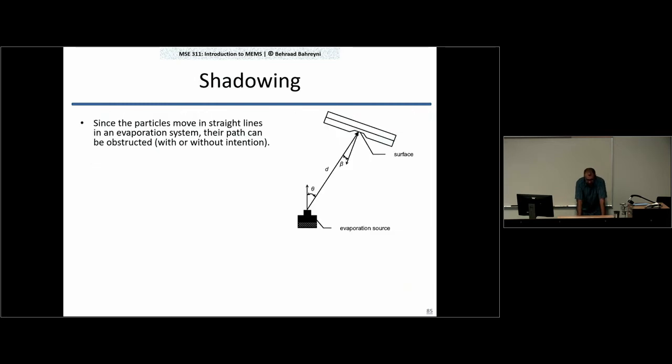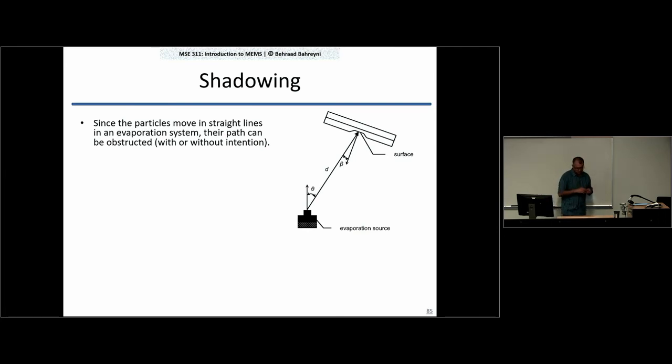Now, with evaporation, the typical operating pressure is about microtorrs. 1 to 10 microtorr is typical, and therefore the mean free path is generally longer than the dimensions of your chamber. So a couple of meters for your chamber, but a mean free path that is tens of meters or more. And therefore, you may have shadowing effects.